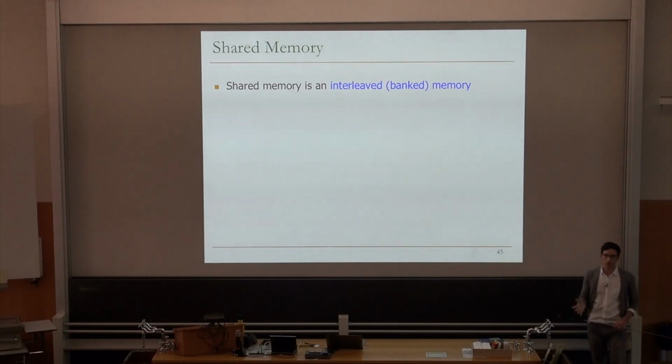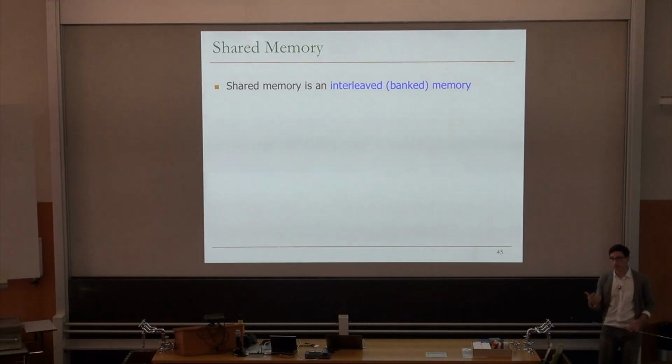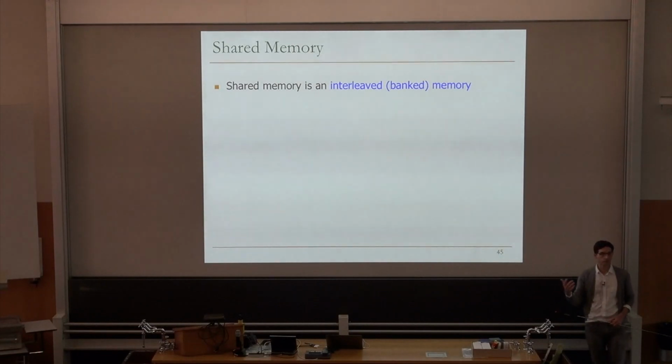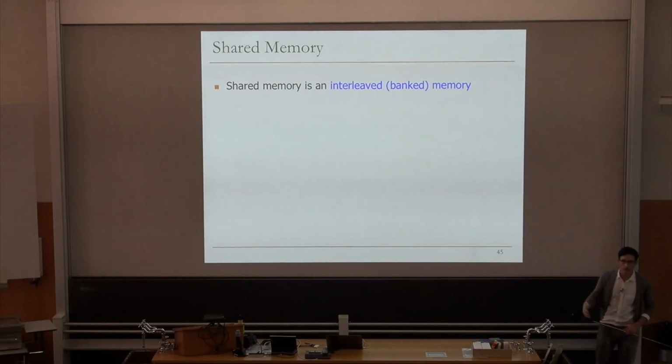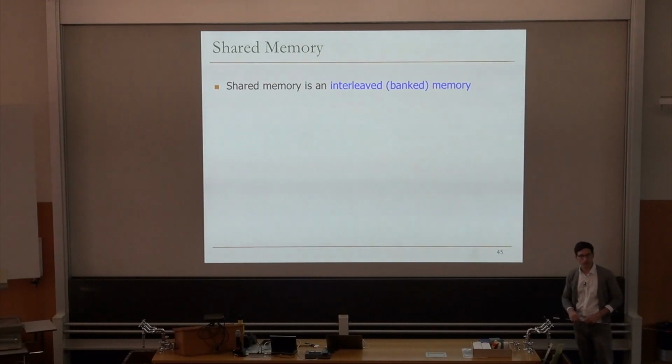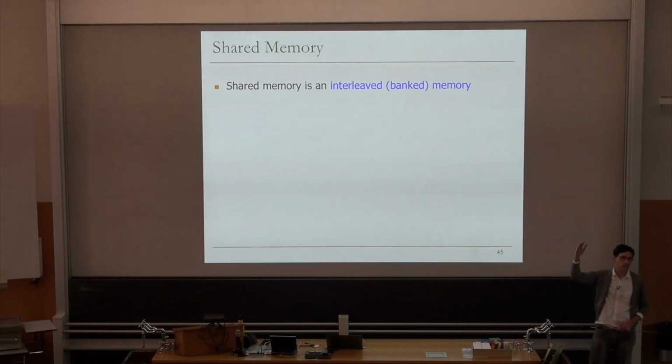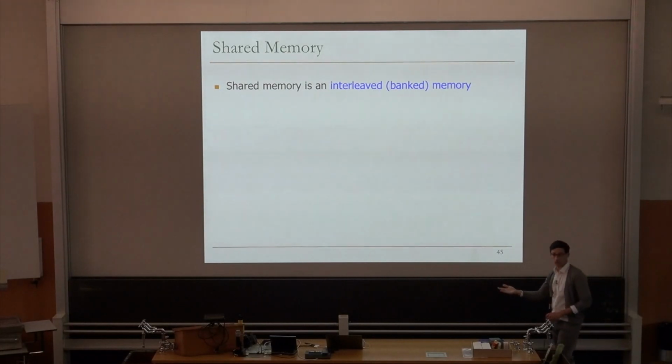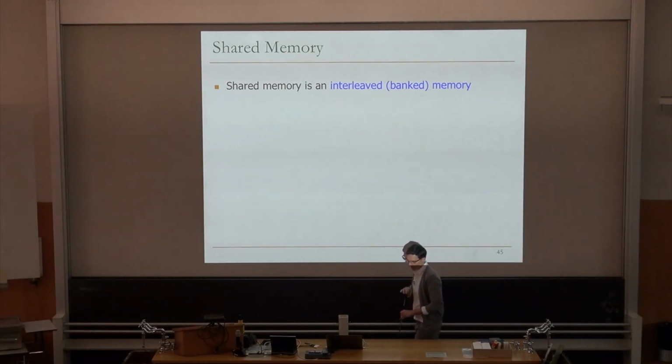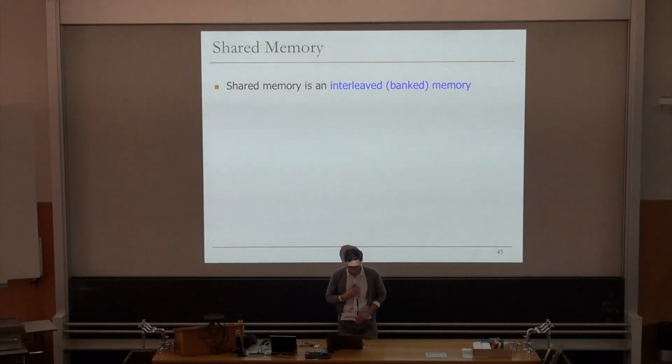So making good use of the shared memory, same as making good use of the register file, is essential to achieve the highest performance, the highest throughput, which will translate into how fast we can train the neural networks, right? So that's why it's important to know all these concepts.